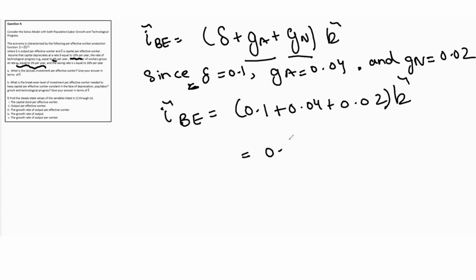This is basically going to be 0.16 K tilde. This is how we can find actual investment per effective worker and the break-even level of investment per effective worker.